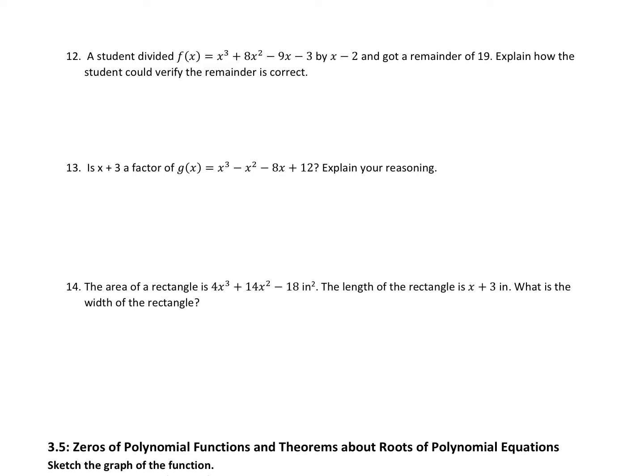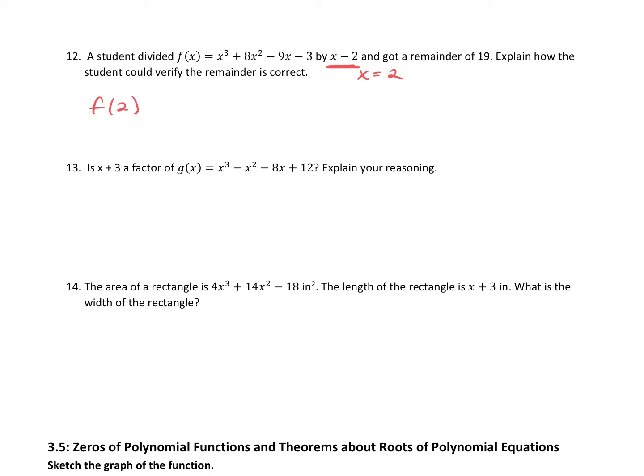So if you want to check to see if the remainder is 19, you can use the remainder theorem. The remainder theorem says to plug in, this is x minus 2, so tricky x, if you plug in a positive 2 to your function.